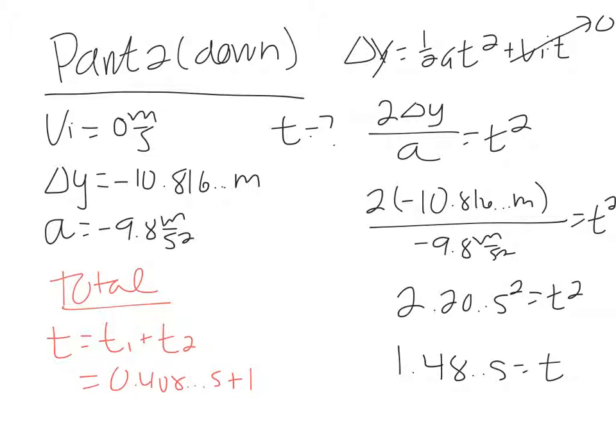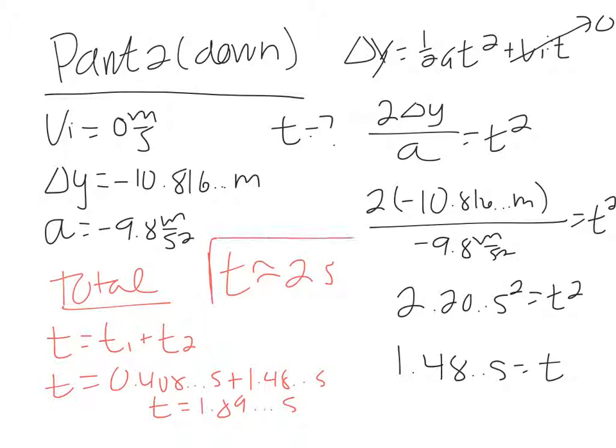Plus 1.48 keeps on going, seconds, equals your total time. This comes out to 1.89, keeps on going, seconds. Problem only has one sig fig in the givens, so your total time from the time the diver leaves the diving board until they make a splash is about 2 seconds.